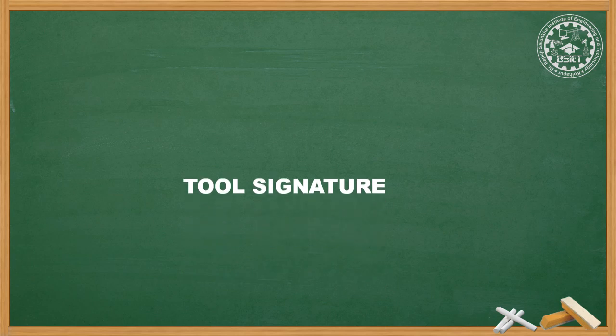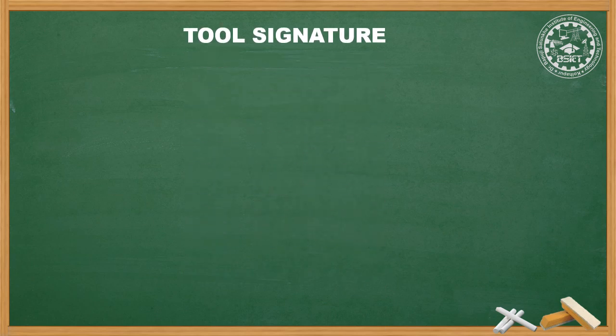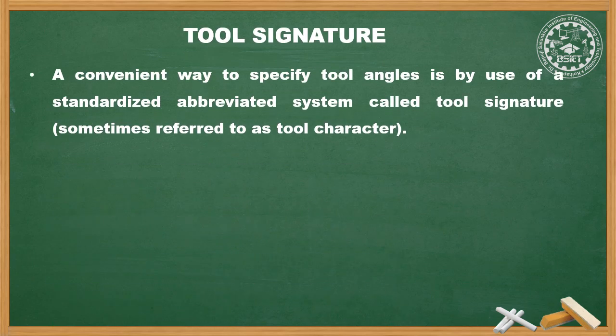Next point is tool signature. A convenient way to specify tool angles is by use of standardized abbreviated system called tool signature, sometimes also known as tool characters.